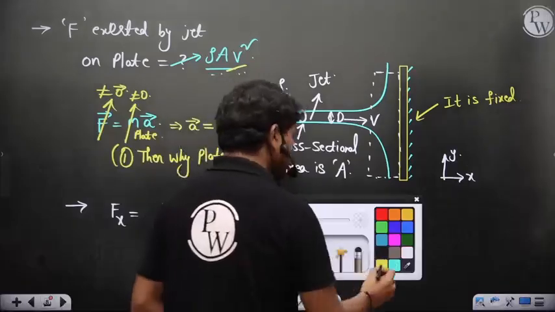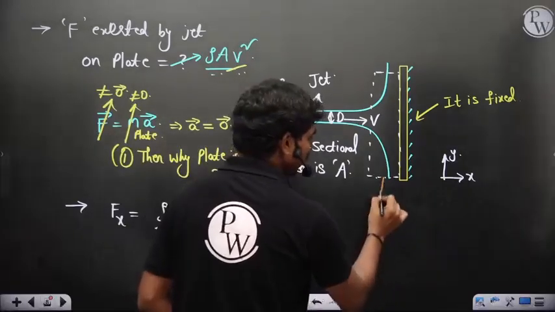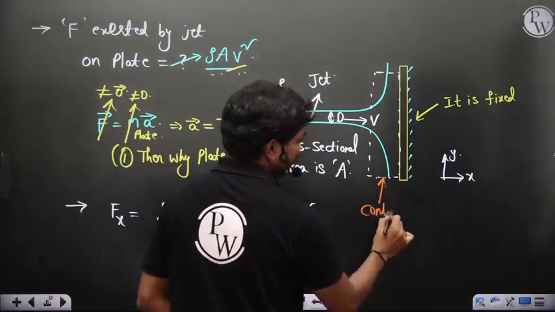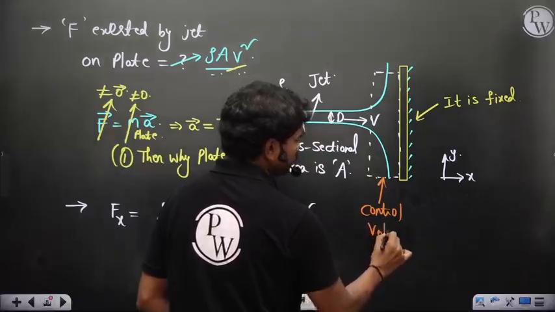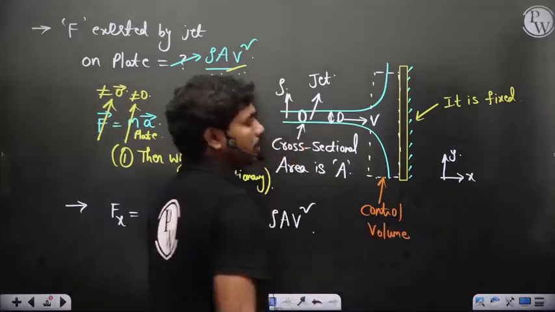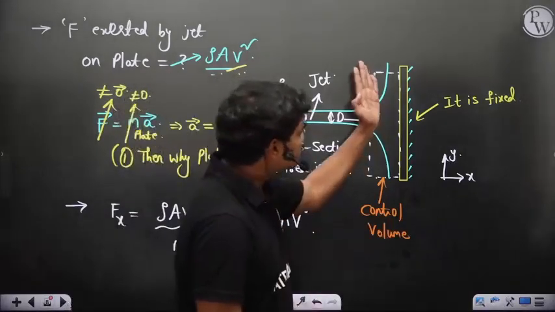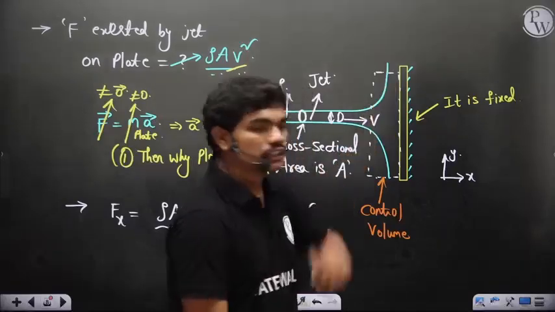We call this a control volume. This control volume is always attached to this plate.